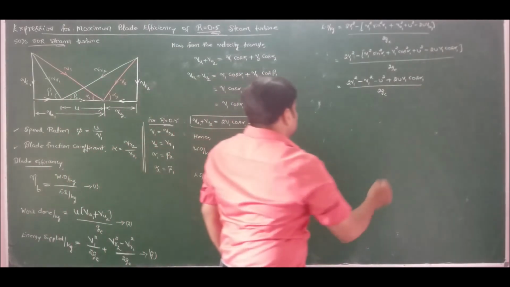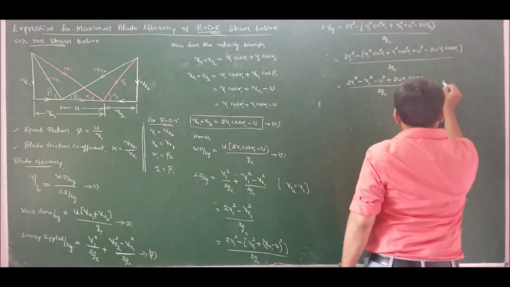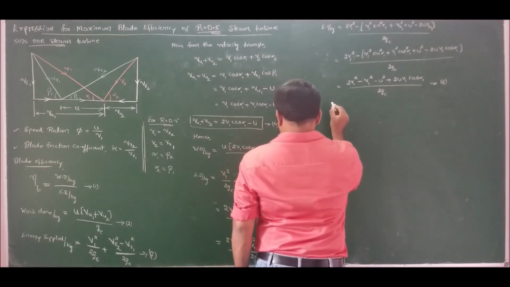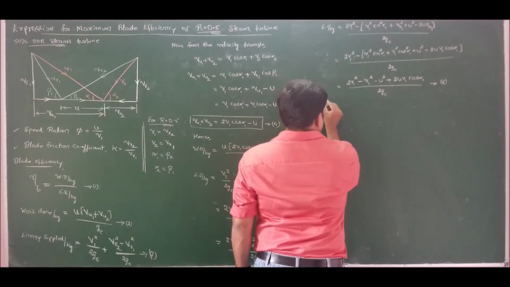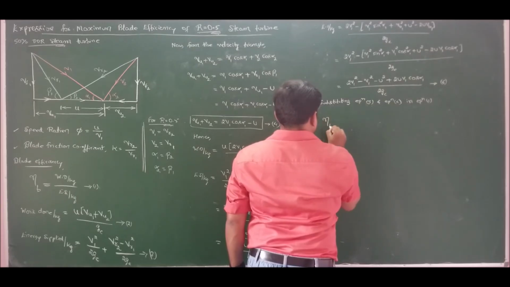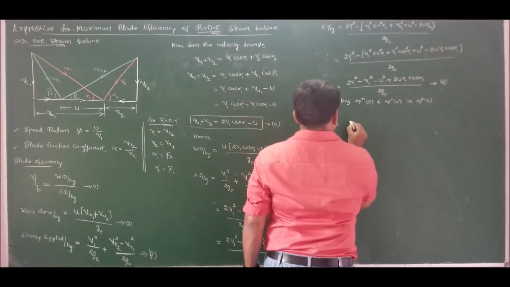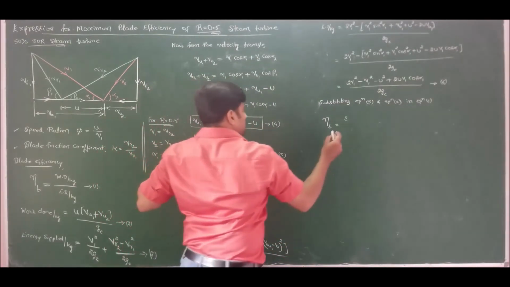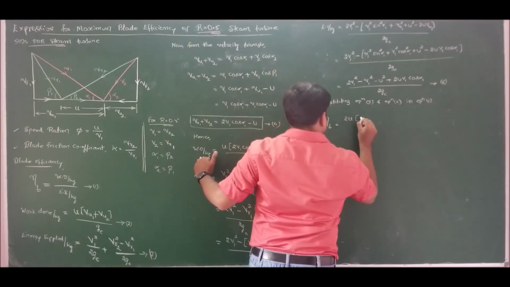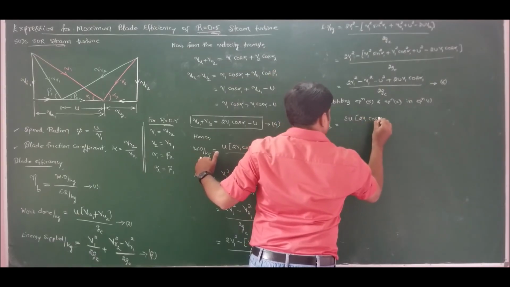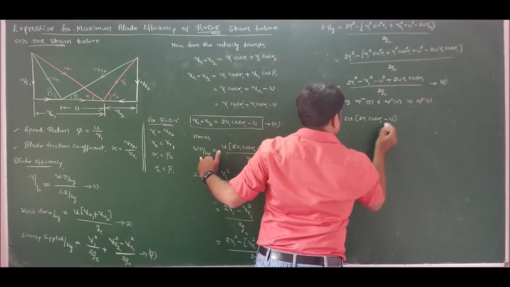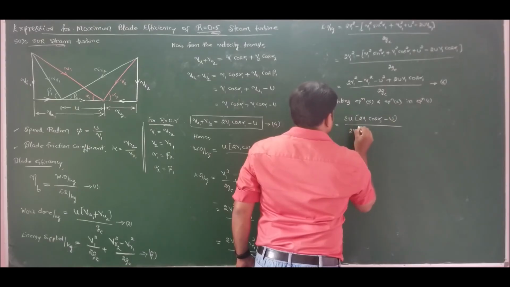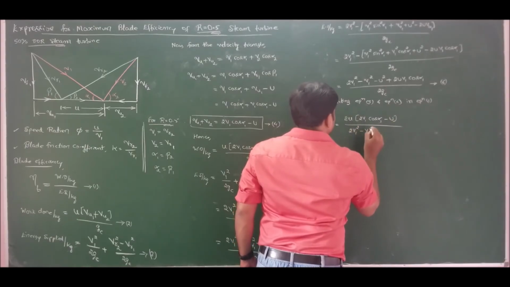Now I can substitute for equation number 1. Substituting equation 5 and 6 in 1, we will get blade efficiency as 2 will go to numerator, u of (2v1 cos alpha 1 minus u), gc and gc will get cancelled, denominator is 2v1 square minus v1 square.